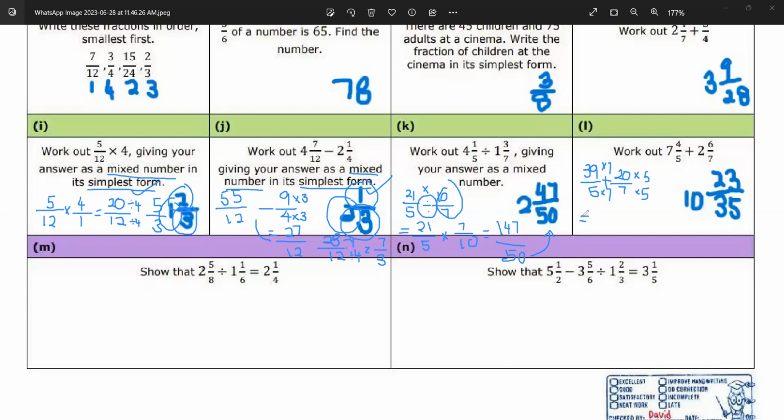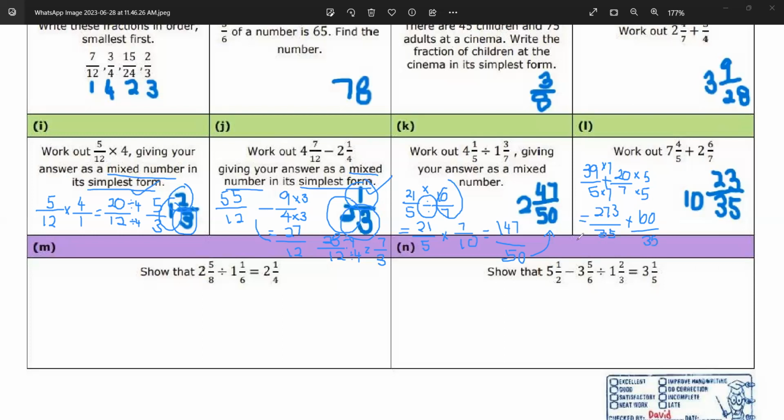Then we will get the answer of it. 39 times 7 will get 273, then out of 35, plus 20 times 5, we will get 100. And 7 times 5 will get 35.